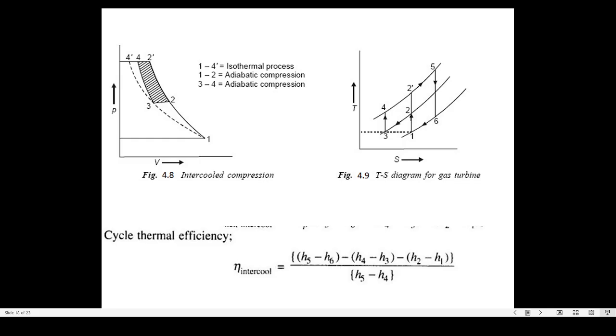So the difference of enthalpy, H5 minus H4, is the heat supplied during the constant pressure process. That way the equation for the efficiency of the cycle utilizing the intercooling arrangement can be written in this fashion.